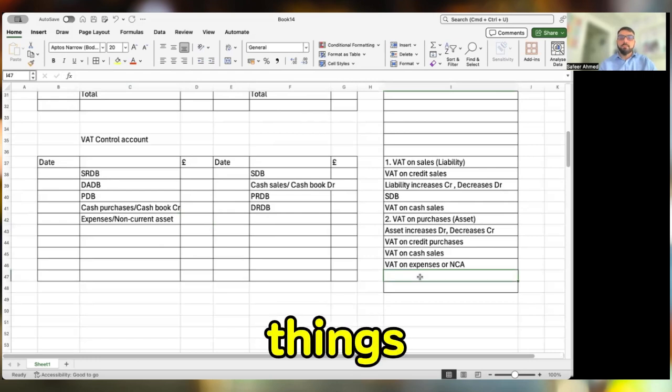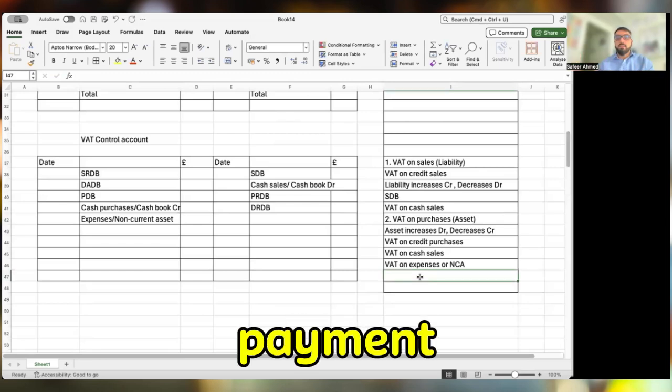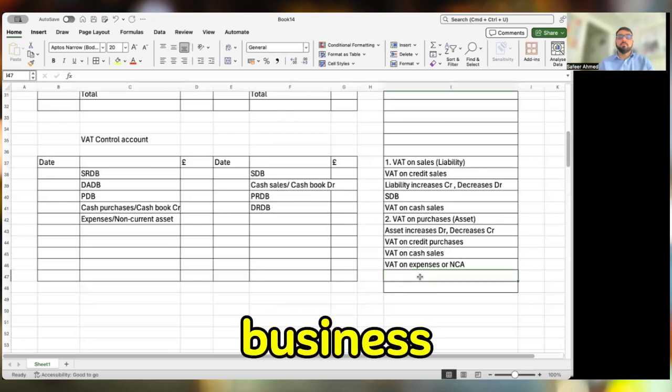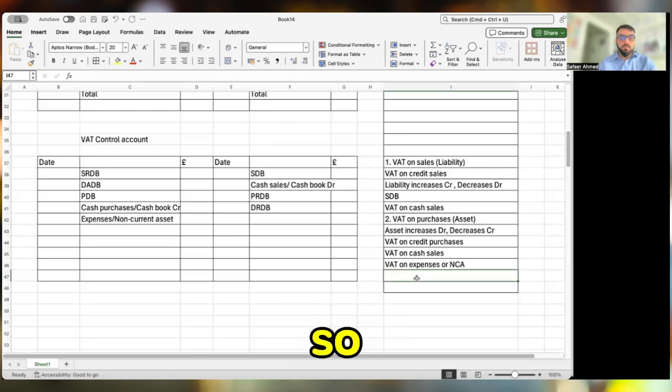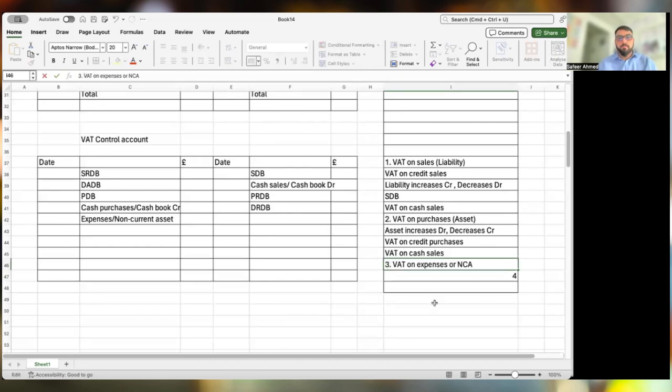Now, a couple more things. One is in relation to VAT payment to HMRC. So if a business pays to HMRC, we can call it the fourth, and this was the third.